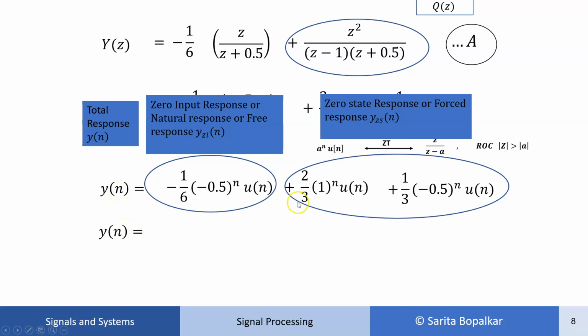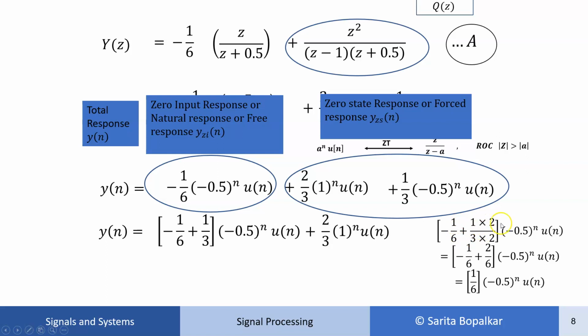We can solve it now. Combine the (minus 0.5) raised to n u(n) terms. So minus 1 by 6 plus 1 by 3 you have to solve, and the remaining term is here. We have combined these two terms, with (minus 0.5) raised to n u(n) taken common. So minus 1 by 6 plus 1 by 3, solve this.